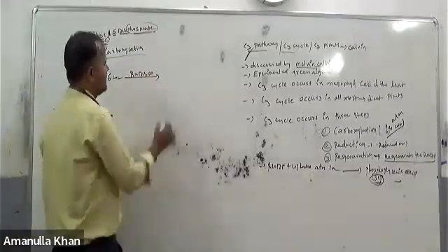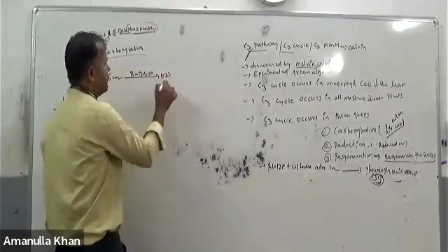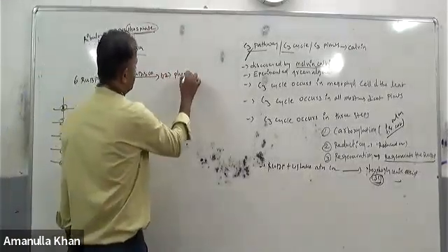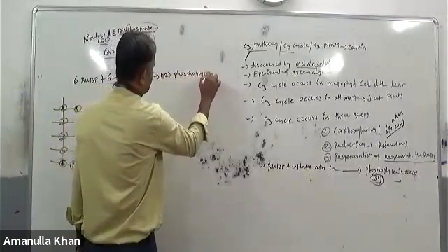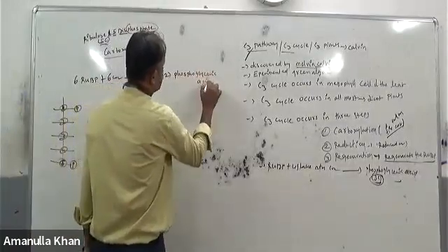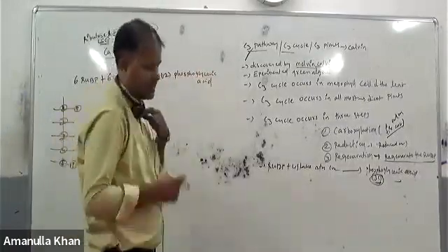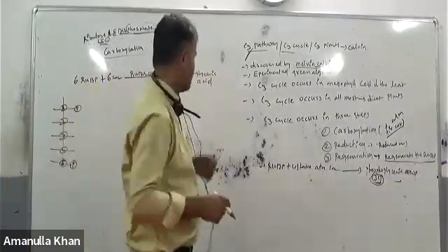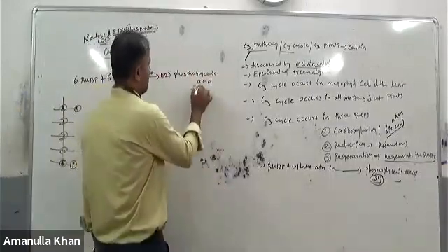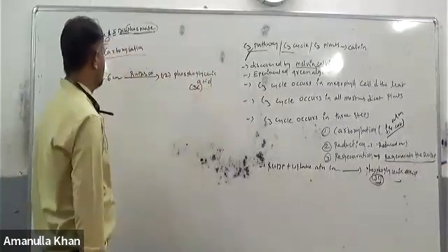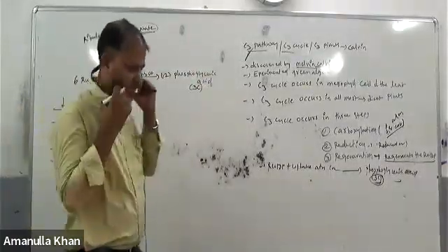It forms 12 molecules of phosphoglyceric acid. These are 3 carbon compounds. That's why it's called the C3 cycle.